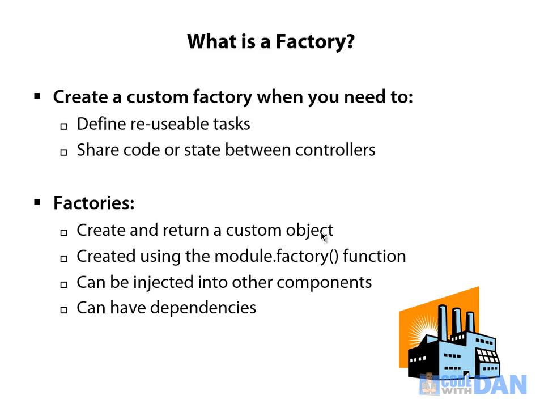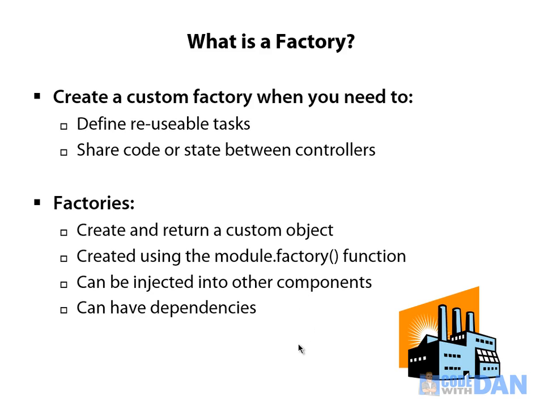Now, the way we create a factory is much like the way we create a controller. With a controller, we go through module.controller. Well, with a factory, it's module.factory. We simply call that function, we pass in the name of the factory, and then the function that defines what it is we want to do. Once you've created a factory, you can inject that into other components.